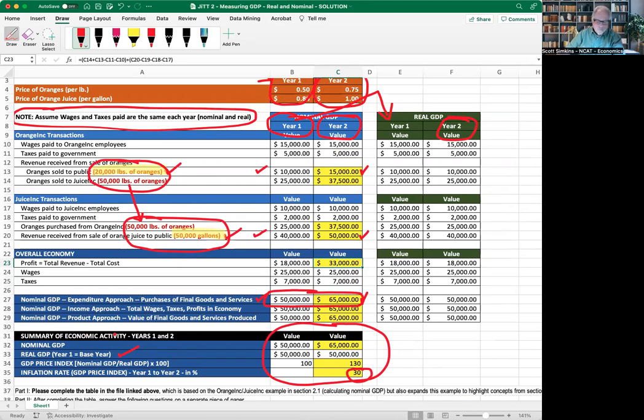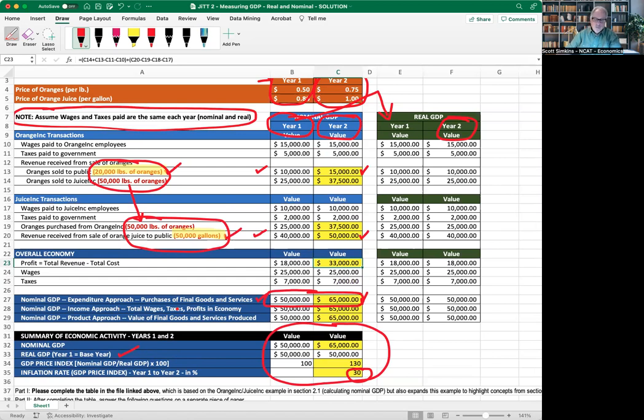Part of the reason is that in the next chapter, when we talk about real GDP increasing over time, it means there's more stuff available to purchase. It also means more stuff is being produced, and more income in the economy, which could mean more wages and more profits. If real GDP is going up, all of those things are increasing.